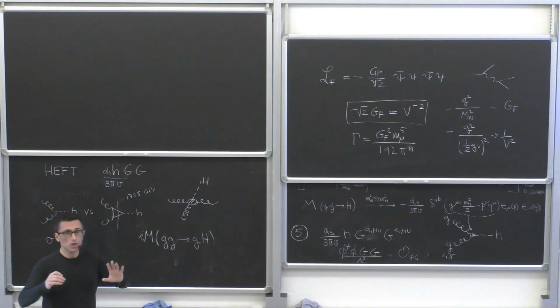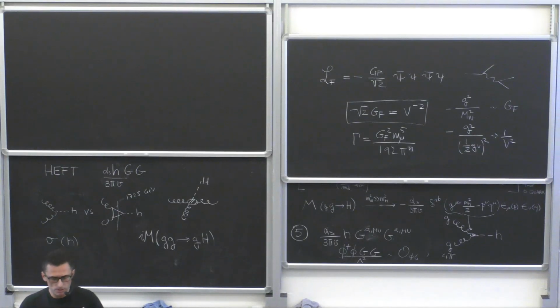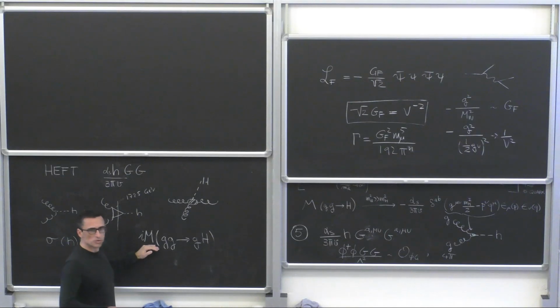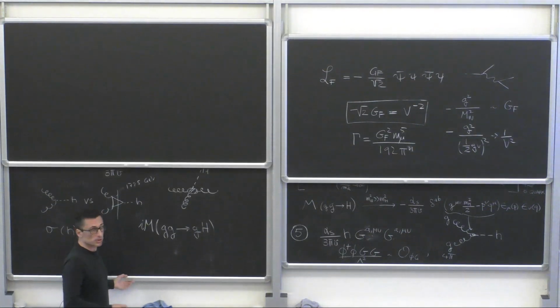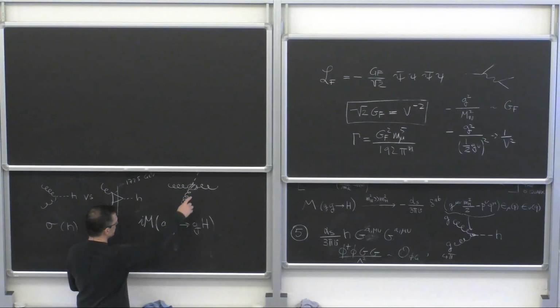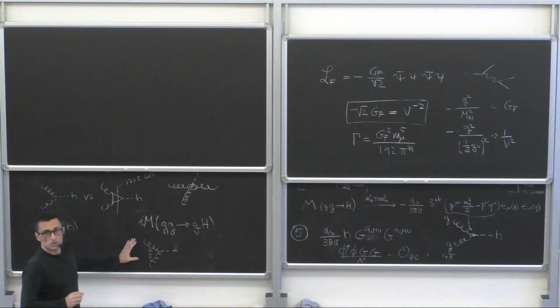If I wanted to compute sigma at next-to-leading order, I have real corrections, so this is a real correction, and virtual corrections like this, which originally was a two-loop computation, but I'm reducing the complexity to one loop.